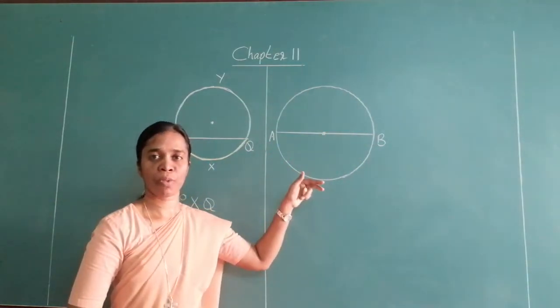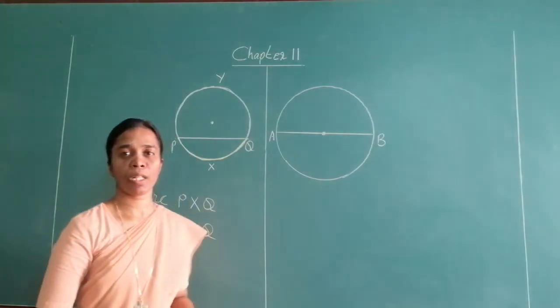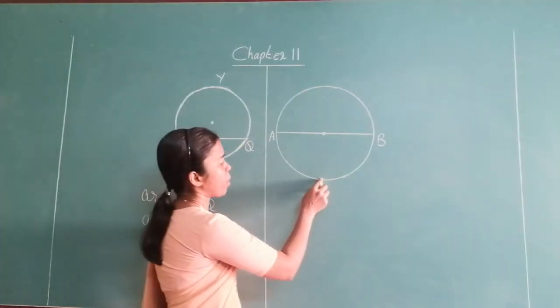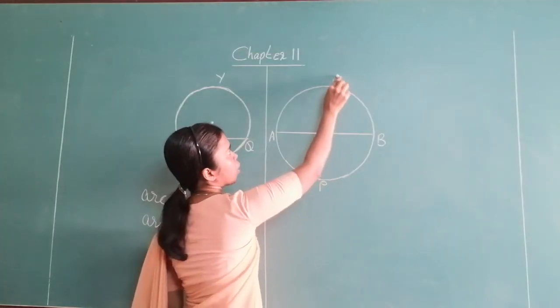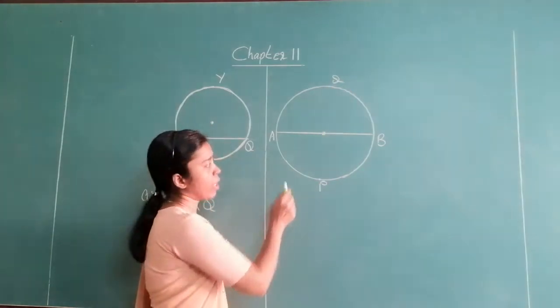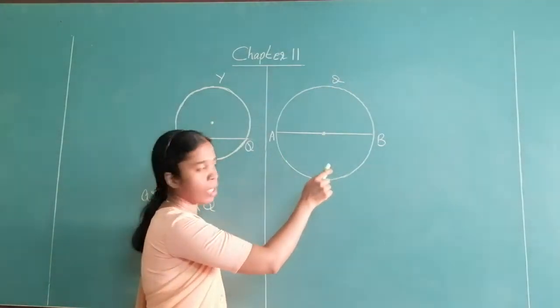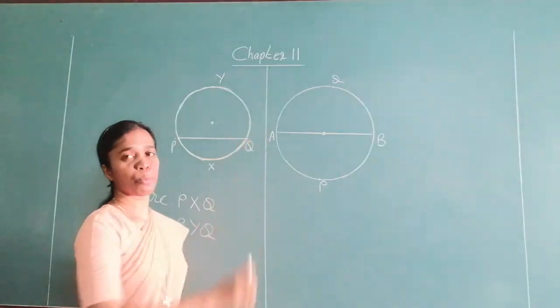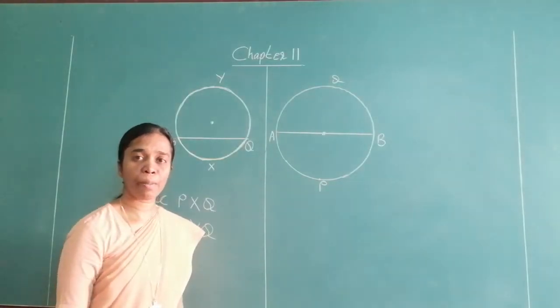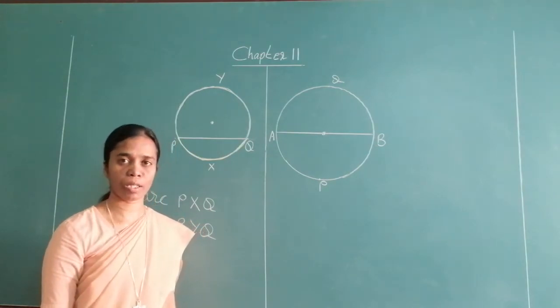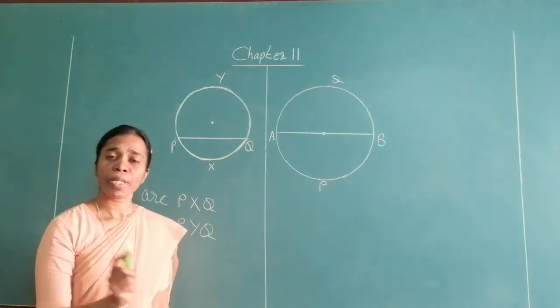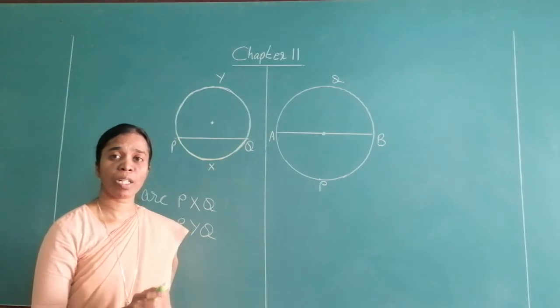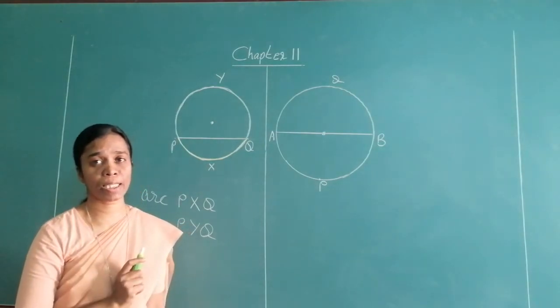Semi means half. So if I put P and Q over here, you can say that arc APB and arc AQB are semicircular arcs.